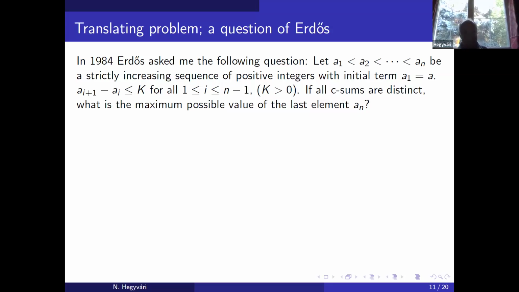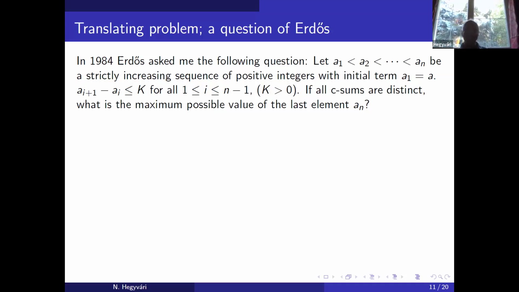In 1984, he asked me the following question: let A1, A2, and so on, AN, and so on, an infinite sequence, be a strictly increasing sequence of positive integers, the starting element denoted by A, with the restriction that the difference of consecutive elements, of neighboring elements, is bounded by K. So it means that A2 is at most A plus K, and so on.